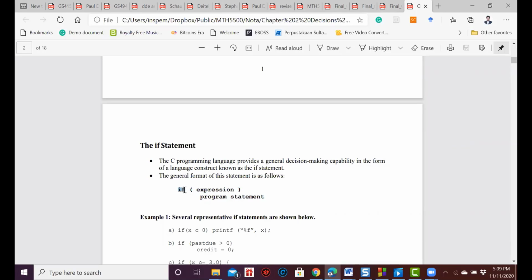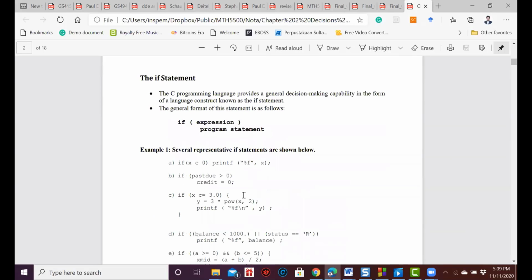The word is if, then brackets, and inside the brackets we have an expression. The expression in this case is a conditional expression, for example x greater than 2, a greater than b, or a combination of conditions. After that there is a program statement, either a single statement or multiple statements. Look at the example here.